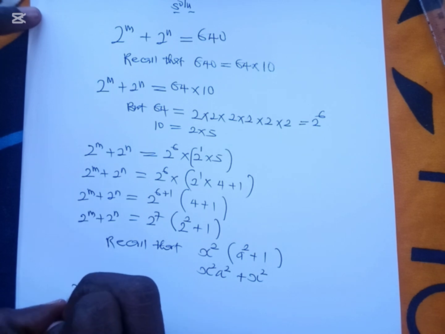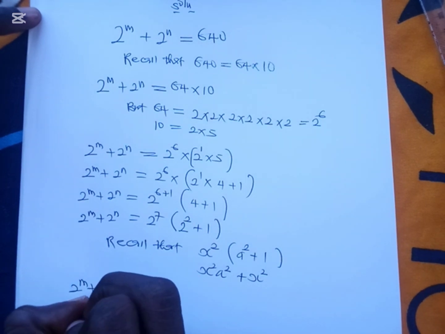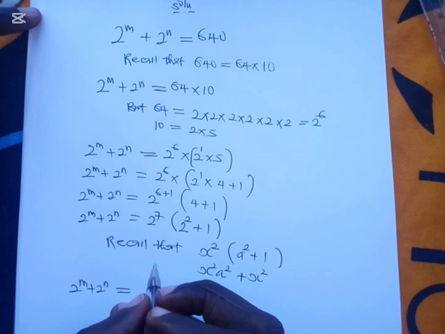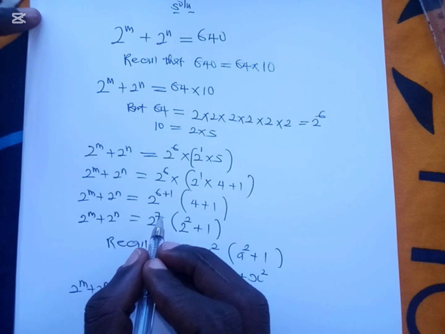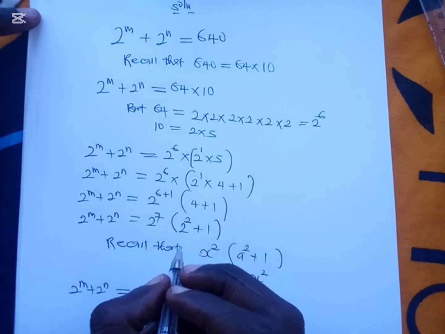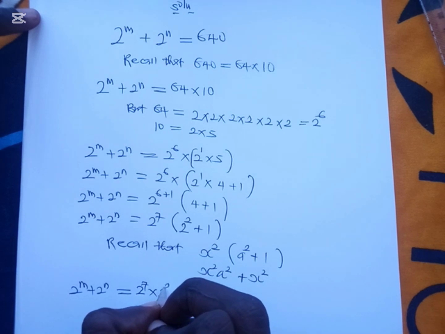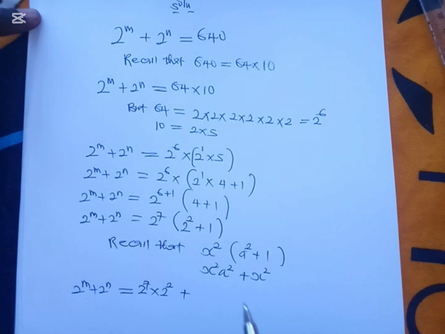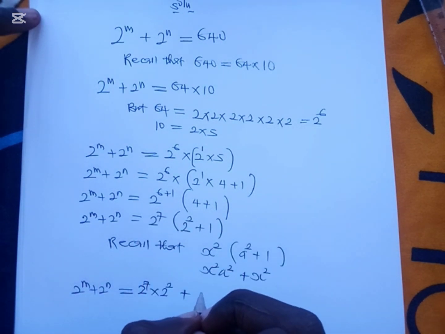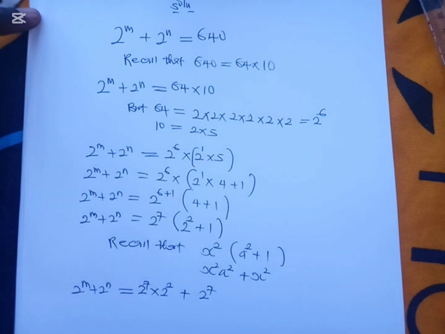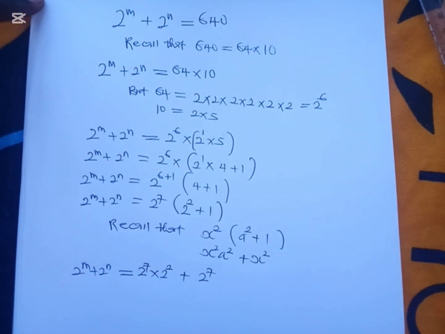Now we have 2 raised to the power m plus 2 raised to the power n. This is equal, we multiply the bracket, 2 raised to the power 7 times 2 raised to the power 2, plus 2 raised to the power 7 times 1 is 2 raised to the power 7. Okay, now it continues.